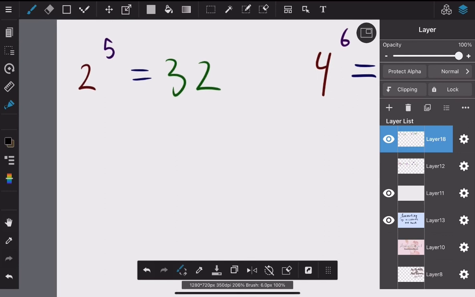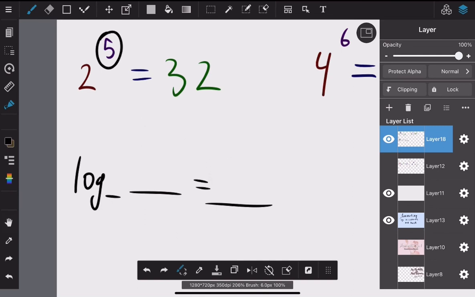So here we have 2 to the 5th power equals 32. So I'm going to set up a blank equation, log to the blank base of blank equals blank. And I'm going to go ahead and write that smaller so it looks right. So the first thing we know is that log equals the exponent, and the exponent is right here. So log equals the exponent is going to go on the other side of the equal sign.